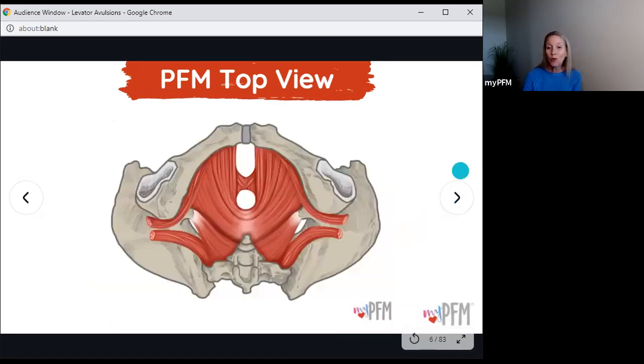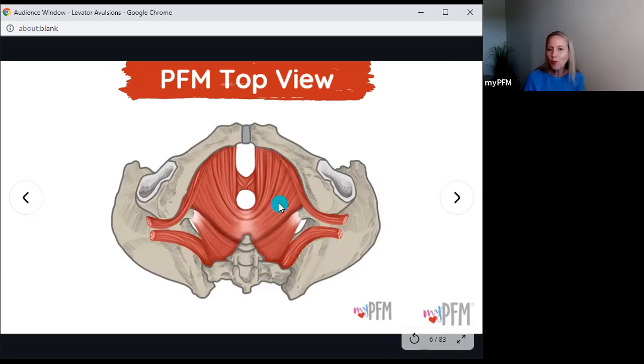Okay, now what we're going to do is look into the pelvic floor like we're looking into a bowl. So with this view, we're actually looking into the pelvic floor like from the head. Okay, so that's the pubic bone in the front, and that would be the spine coming up. This opening here is called the levator hiatus, and that's the opening for the anus there. So you can see, again, the pelvic floor muscles.